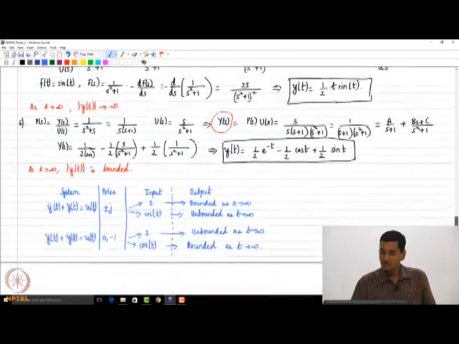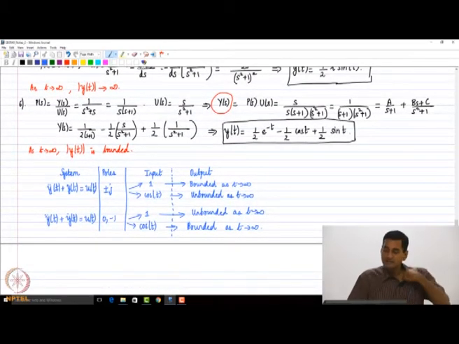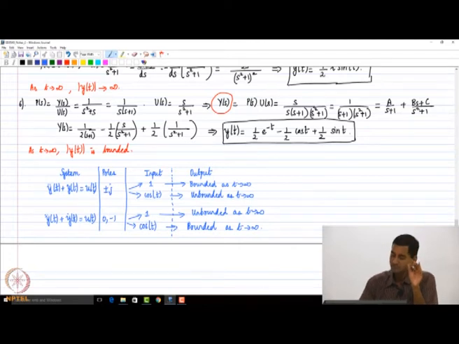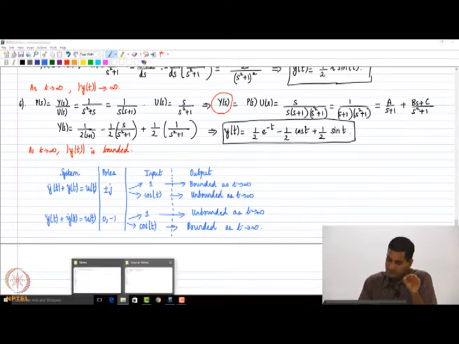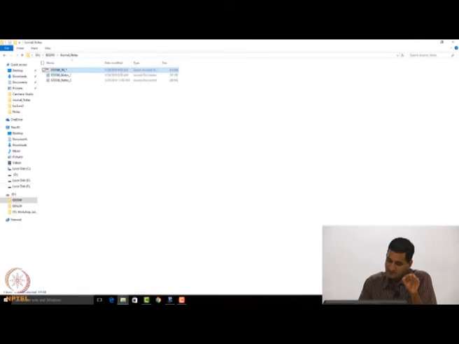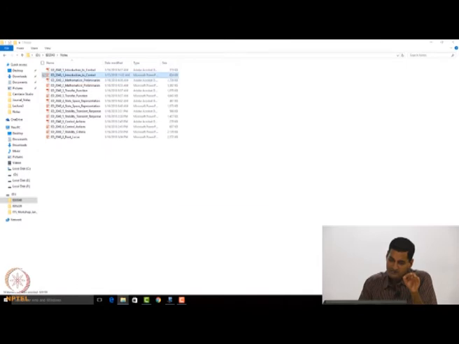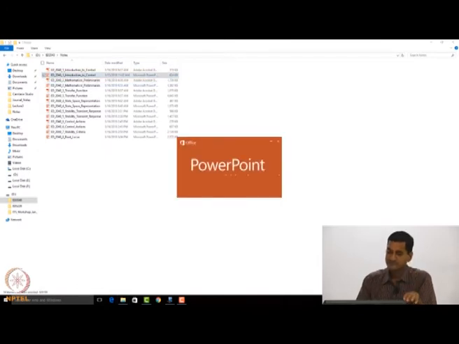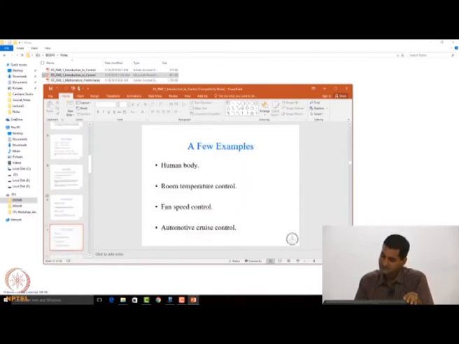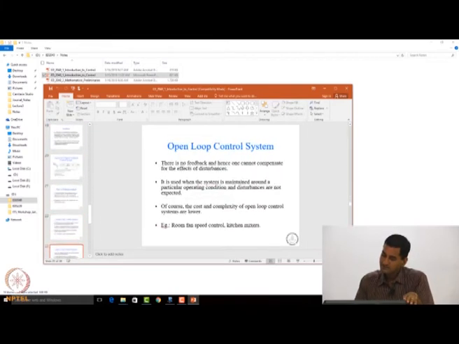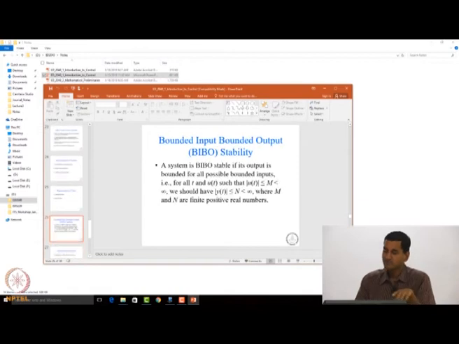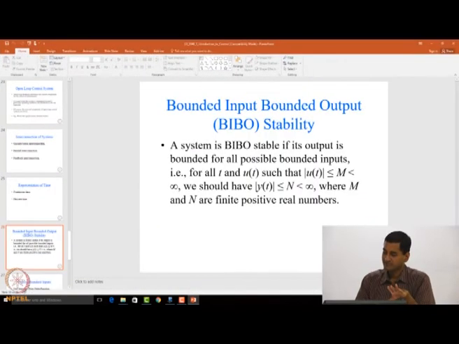In fact, it so turns out that if we use the definition of BIBO stability, right, what was the definition of BIBO stability? Let me pull it up. This is something which we saw in the very first set of classes where I defined BIBO stability.